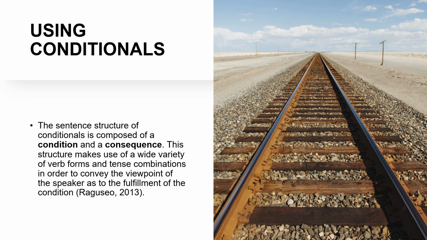The sentence structure of conditionals is composed of a condition and a consequence. This structure makes use of a wide variety of verb forms and tense combinations in order to convey the viewpoint of the speaker as to the fulfillment of the condition. So as you can see in the example given, let's find out.